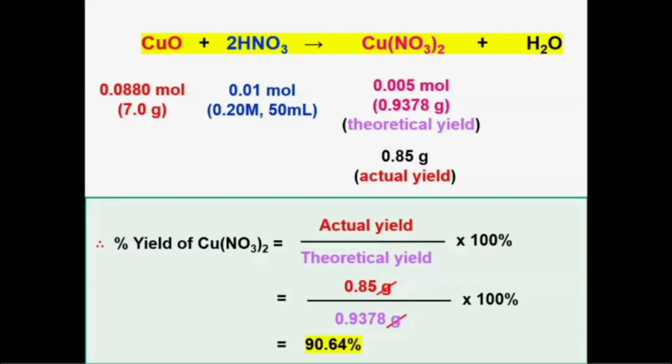And that, guys, is the percentage yield of copper(II) nitrate. It is just 90.64%. So that is how we calculate percentage yield.